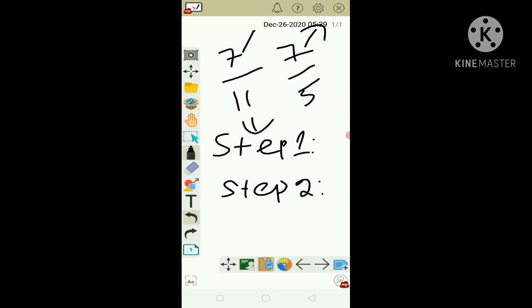If you look at this, 11 is the bigger number compared to 5.